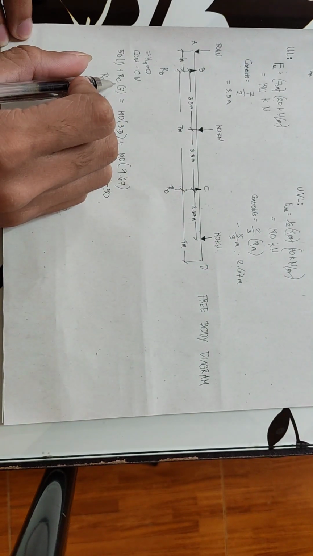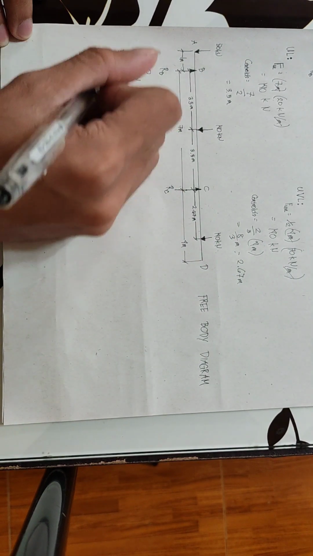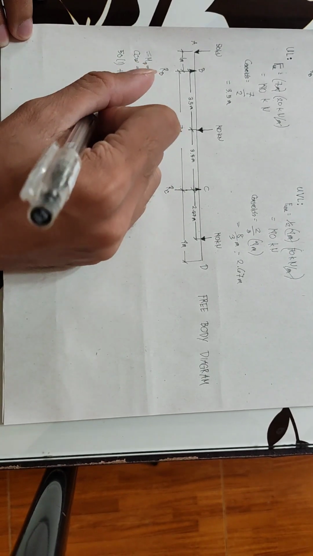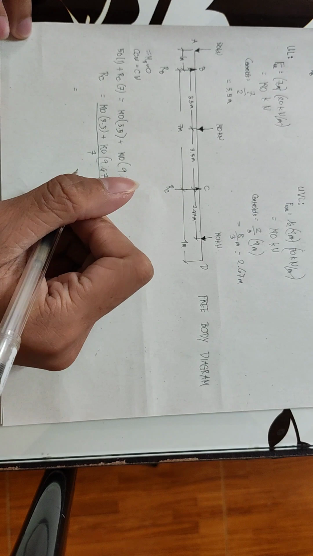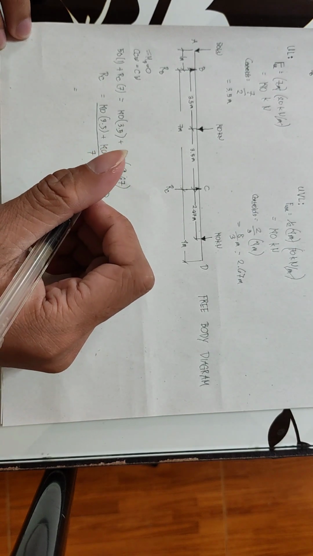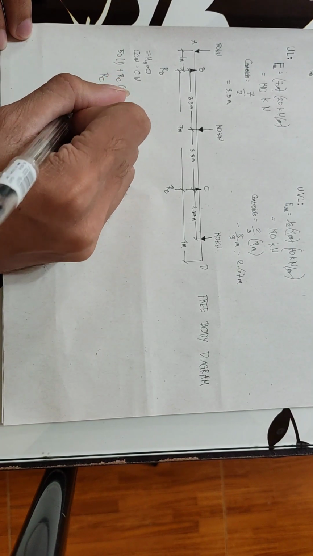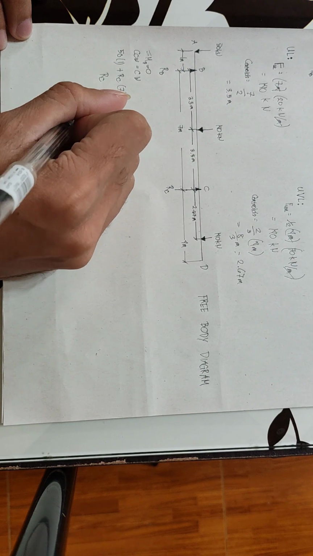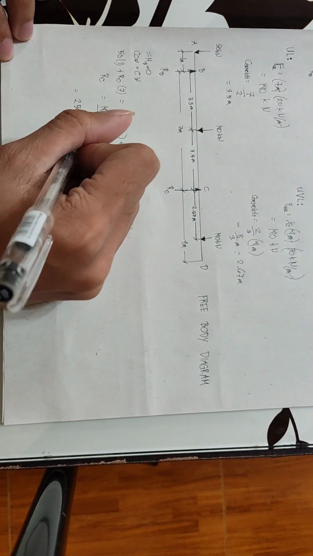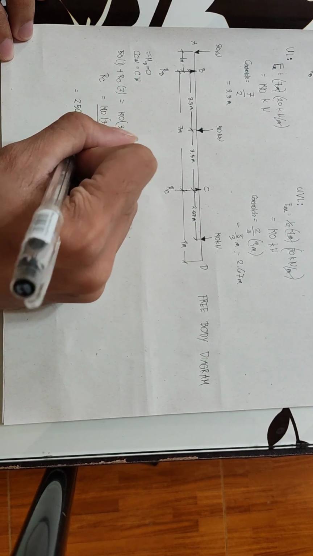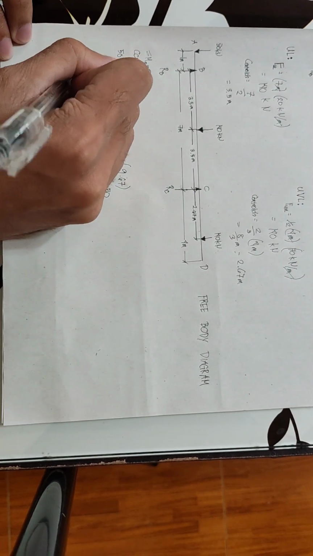And also we divide it by 7 so that RC will be left alone. If we calculate this, we are going to have an RC of 256.26, since the unit of this is kilonewton. So this is the RC now.